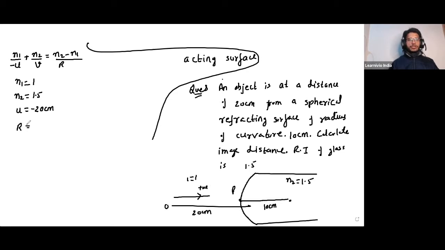See how much is your radius of curvature. You're moving from pole to center of curvature, so the radius of curvature is positive, plus 10 centimeters. You have to calculate v now. Let's substitute all these values here. n1 is 1, u is minus 20, n2 minus n1 is 1.5 minus 1, by r.